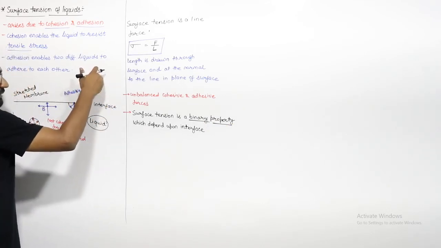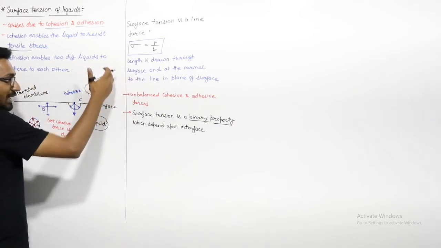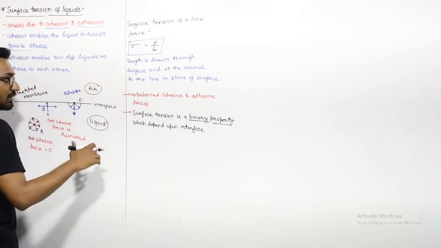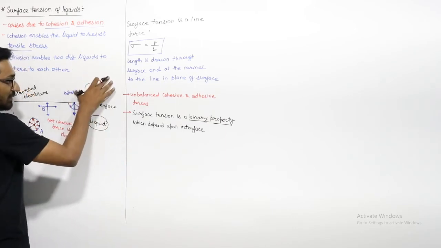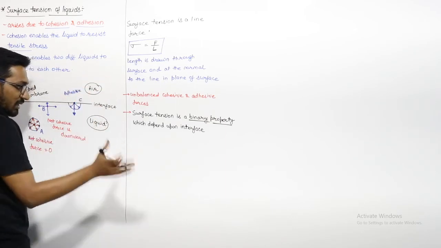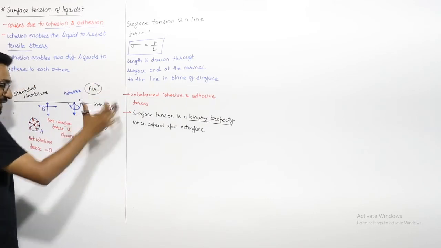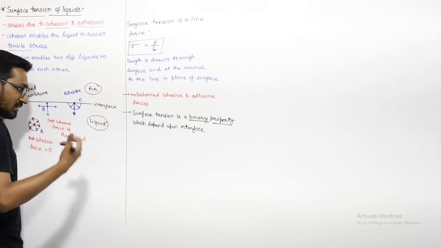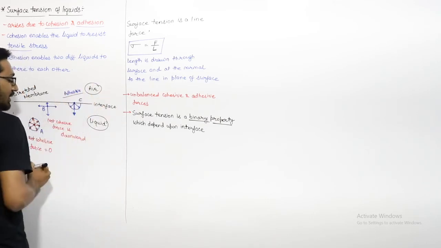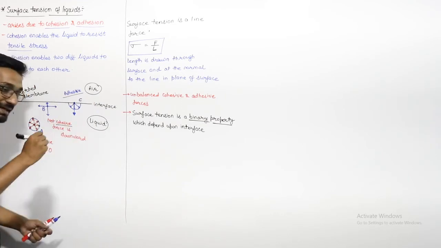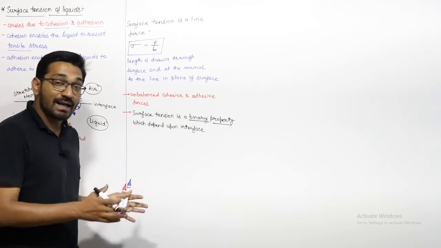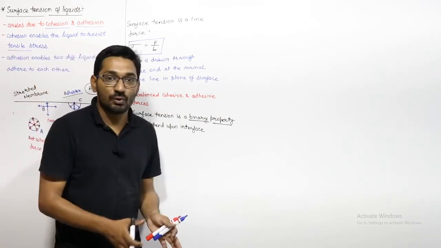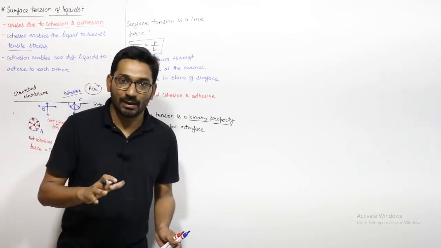If one liquid is in contact with some solid like wood or iron, then surface tension will be different. If water is in contact with mercury, surface tension is different. If water is in contact with air, surface tension will be different, because both adhesive and cohesive forces play an important role. So it is a binary property, not a property of a single fluid, right?